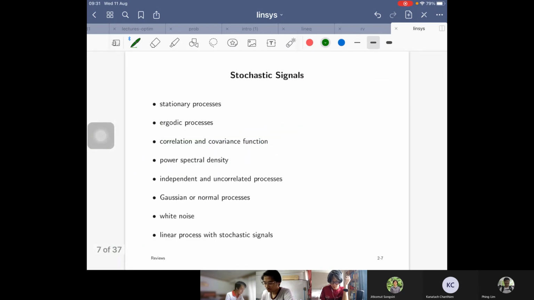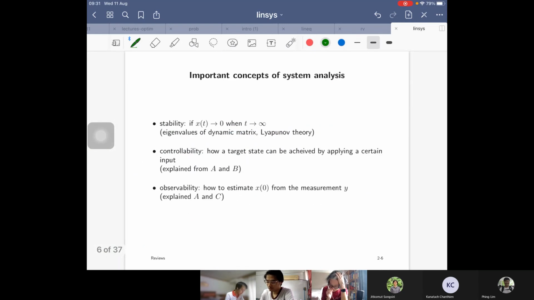To review this, please review the concept of stability. And there might be a time when we mention controllability and observability. Controllability is the ability of the system that allows you to choose an arbitrary input to move the state to be anywhere in the R^n space.